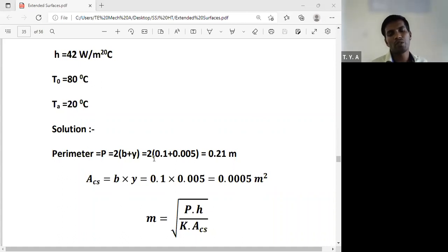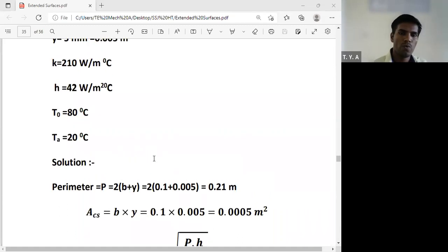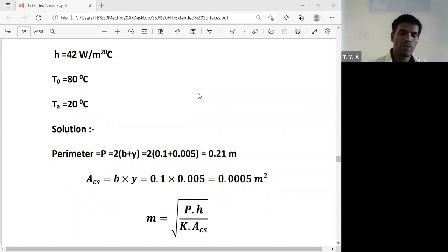Okay. So all of you put the values into this equation and tell me what is the answer for M. Try to tell me, what is the value of M? 9.16.